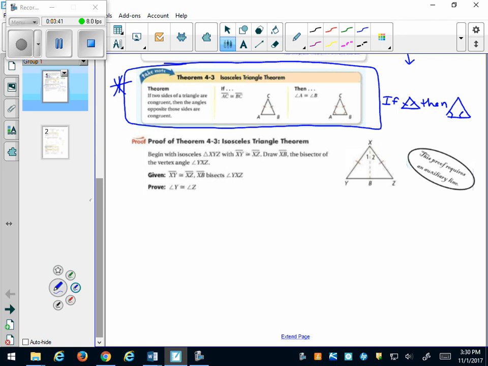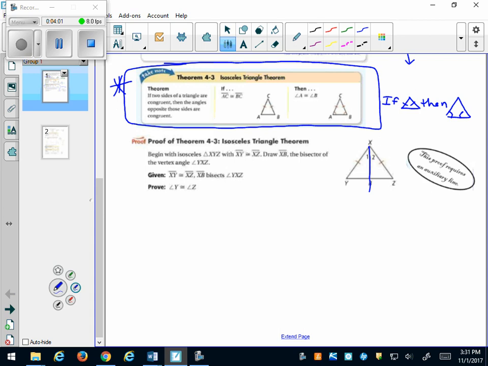Okay, so the proof of this theorem is a little bit complicated actually, and it involves an auxiliary line. This time they already drew the auxiliary line for us in the diagram.